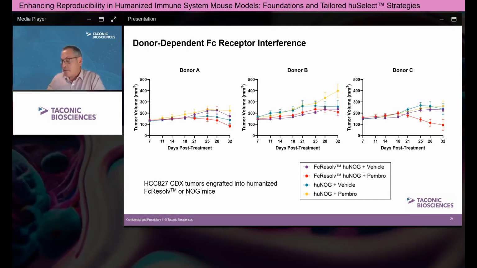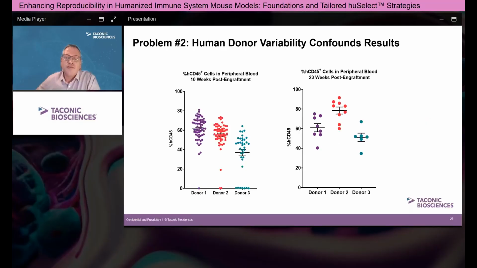And to me, this really brings up the important issue of donor-dependent variability and how that impacts experimental results. We have seen a lot of variability from one donor to another.